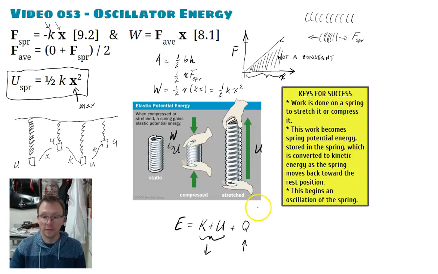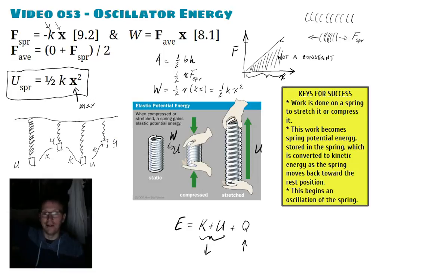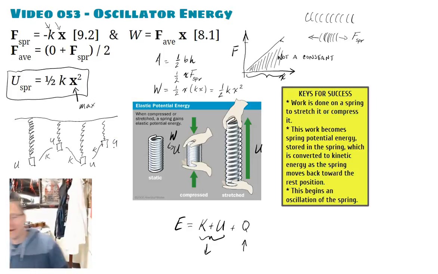So hopefully that makes sense. So as it oscillates back and forth, it's just exchanging energy. And what we're going to find is that oscillations like this, simple harmonic oscillations, are ways in which energy is transformed.